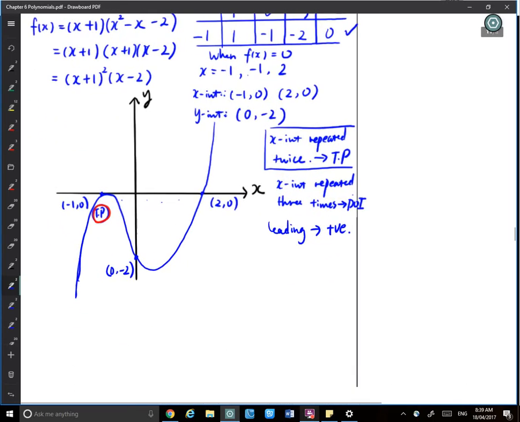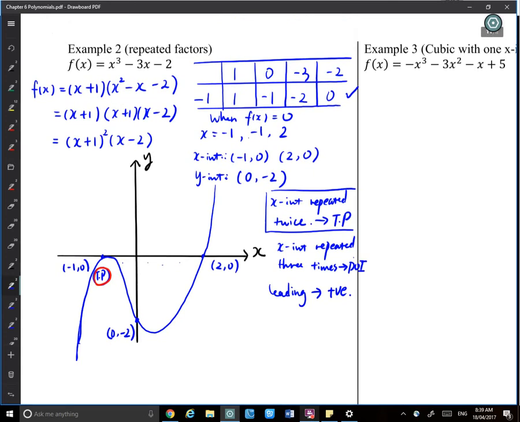And we have example 2. In example 2, we still need to factorize it. How do we factorize? We use this table. We try a value and we want to see 0. What's the number I need to try? I need to try the factors of the coefficient of the leading term, which is 1, so plus minus 1, and also the factors of the constant term, 2, so plus minus 1 and plus minus 2.